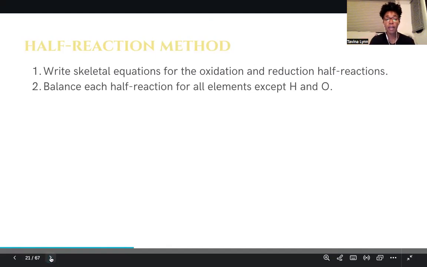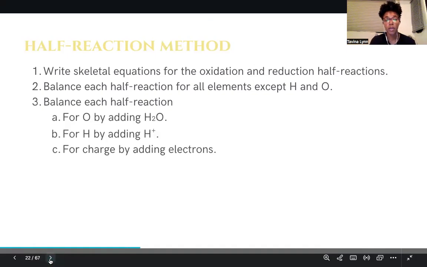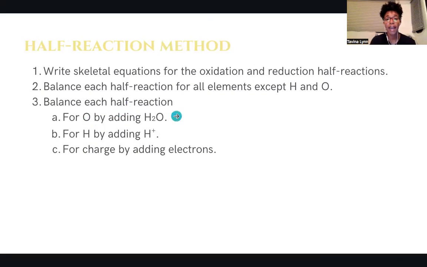From there, we're going to balance each half reaction for all elements except hydrogen and oxygen. Next, we're going to balance each half reaction for oxygen by adding water. And we balance for hydrogen by adding a proton. And then we balance for charge on both sides by adding electrons.